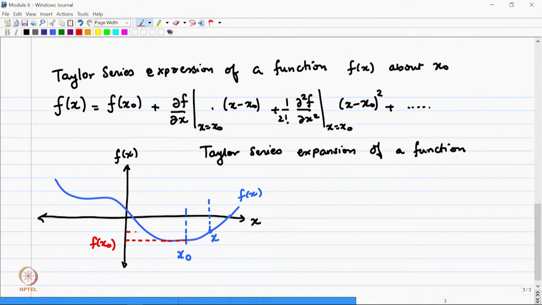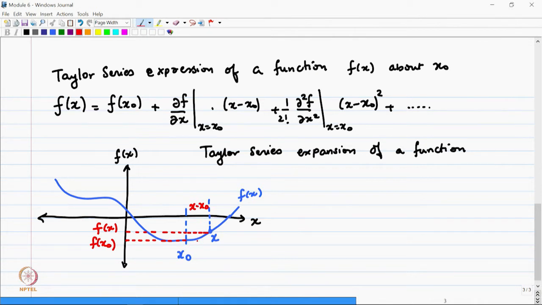Now, this should be your f of x. What you are doing is writing this function as f of x 0 plus you are taking the slope at x 0 and multiplying it by this difference in x, which is x minus x 0.